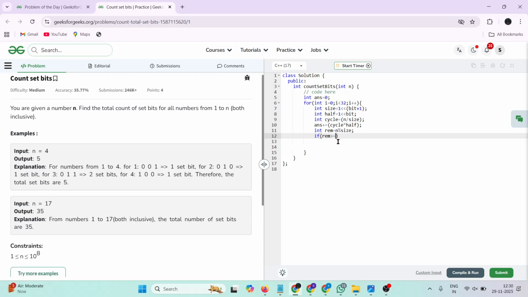So if the remainder is greater than or equal to half, it is going to contribute. How much? Answer plus equal to remainder minus half, but since we are also including the remainder, we just add one. Now we return answer.